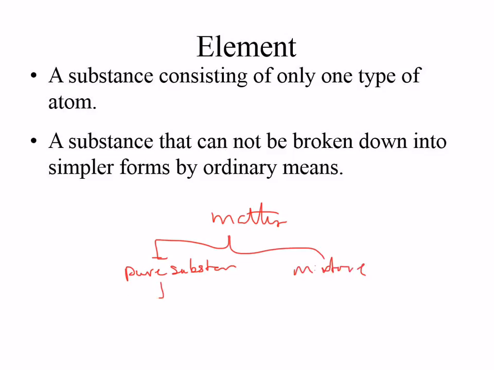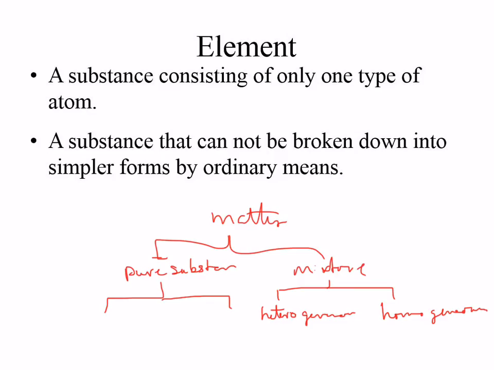And if it is a mixture, it can be a heterogeneous mixture or a homogeneous mixture. Pure substance is an element or a compound, right? Yep, you're both right.